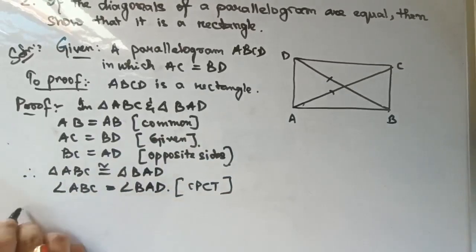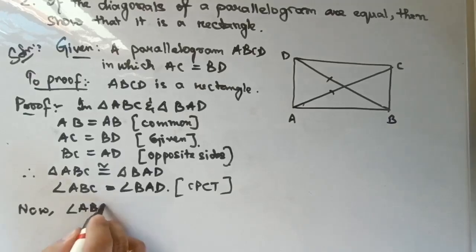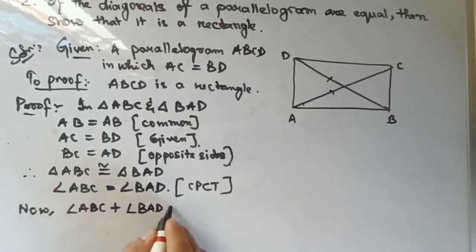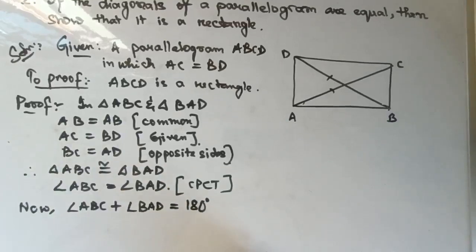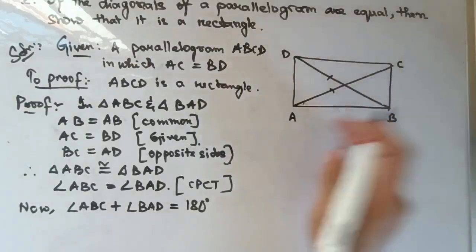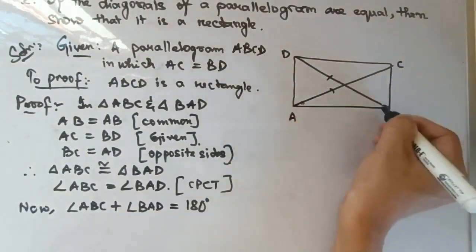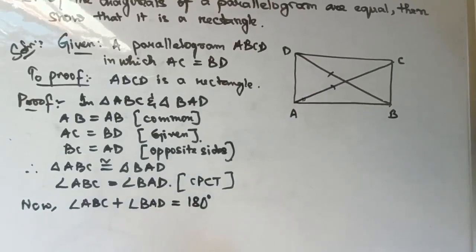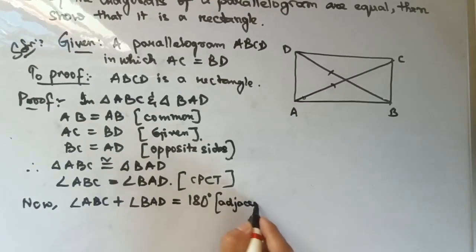Now, angle ABC plus angle BAD is equal to 180 degrees. Why? Because these are the adjacent angles of the given parallelogram. The sum of these two angles is equal to 180 degrees.